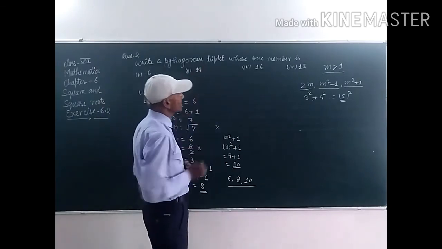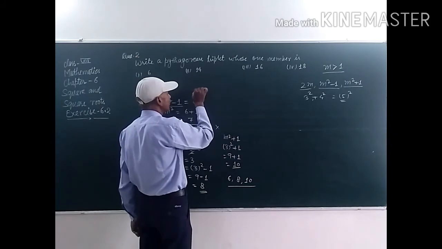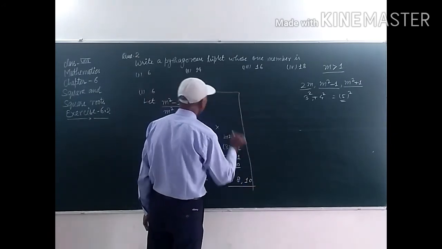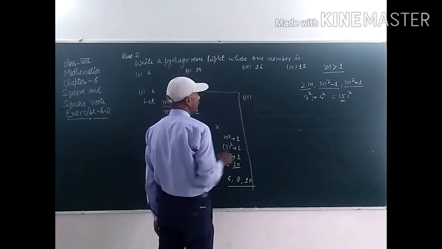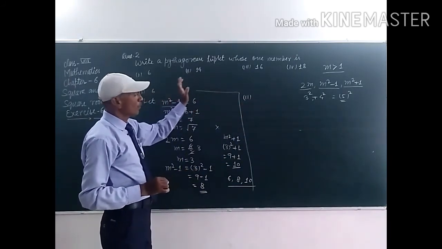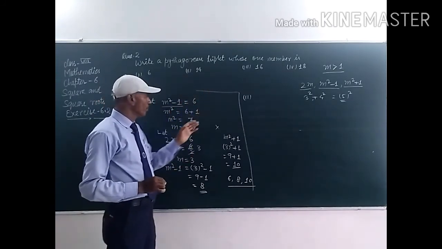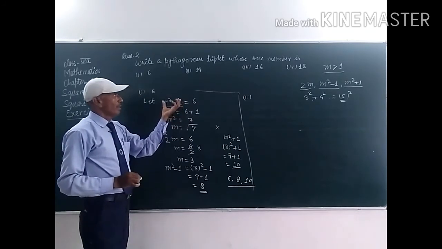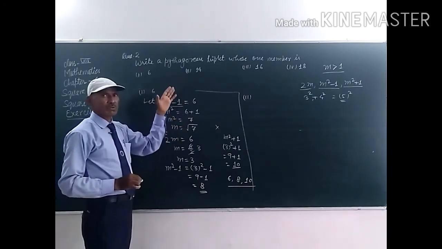Now we have to do the second part of the question, student, in which one member of the Pythagorean triplet is 14. We need not check like this, student: m square minus 1 is equal to 14.